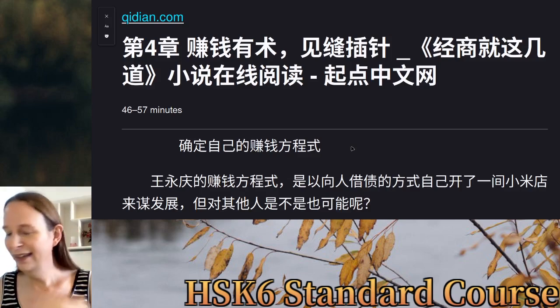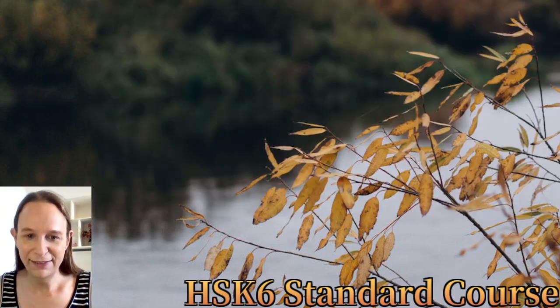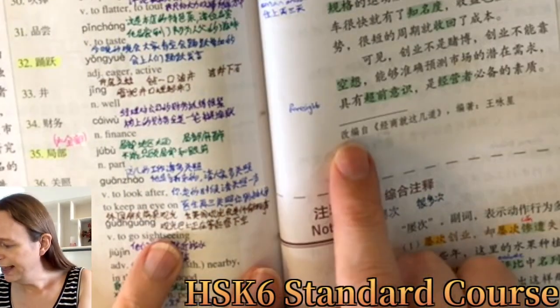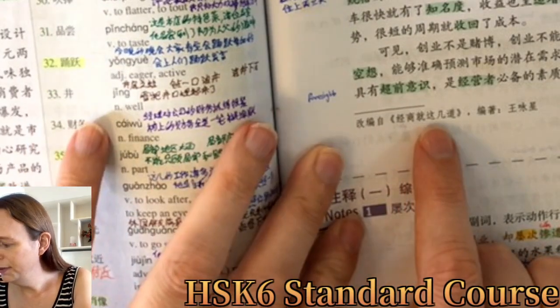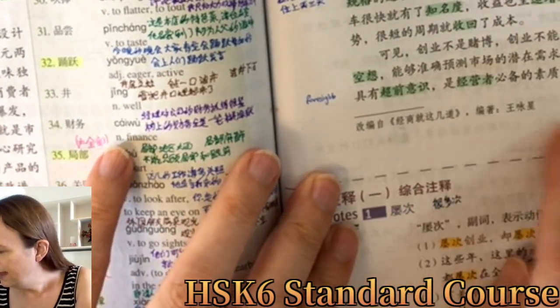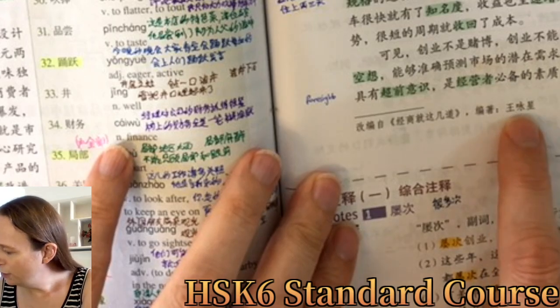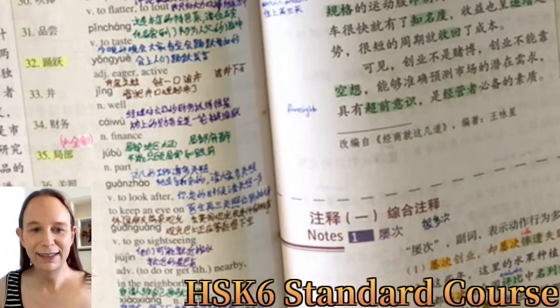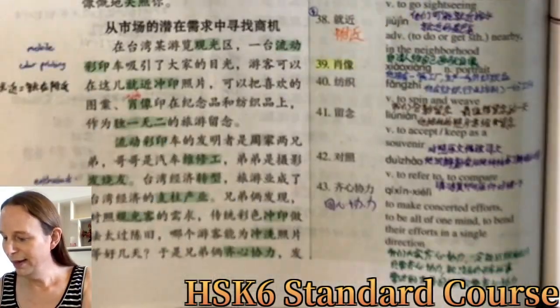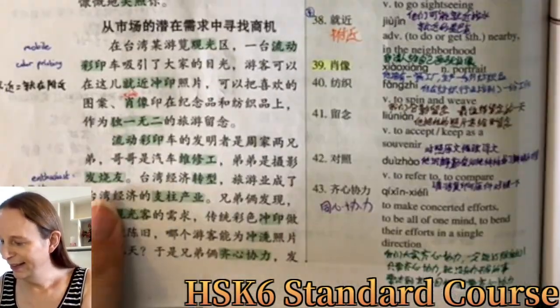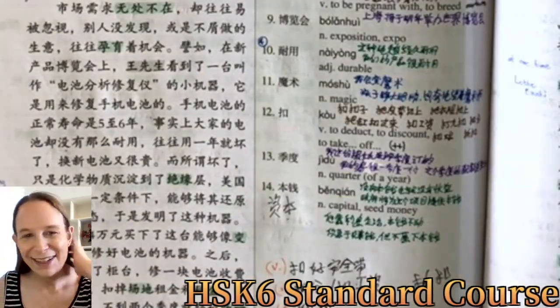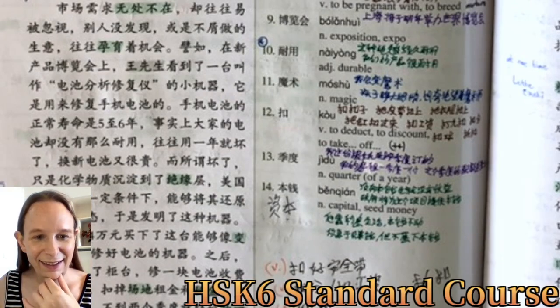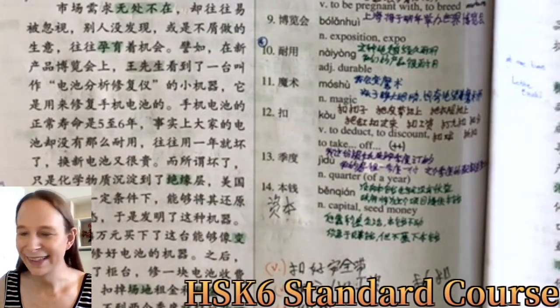And it's unclear, the textbook modifies it from the original. 改编自 means modified from 经商就这几道. Wang Yongxing. Wait a minute, the Wang 先生 here is not Wang Yongxing, is it? It's not the author. No, I don't think so.